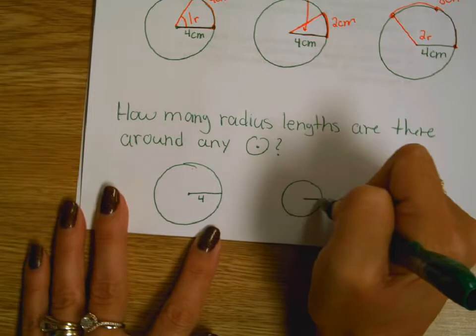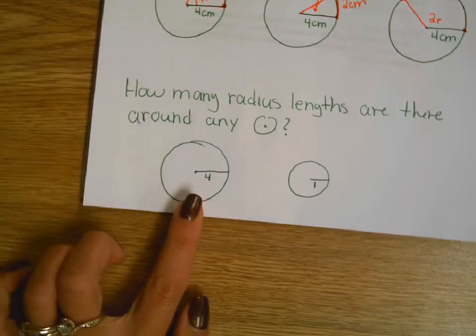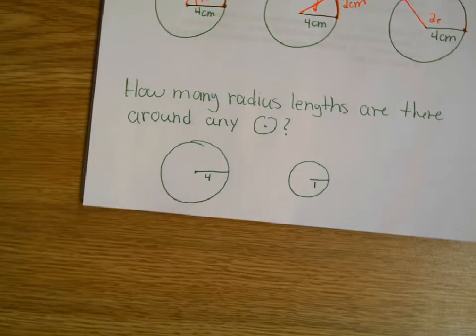Doesn't matter how big the circle is. I could have a 4 centimeter circle. I could have a 10-mile radius circle. How many radius lengths are there around any circle?